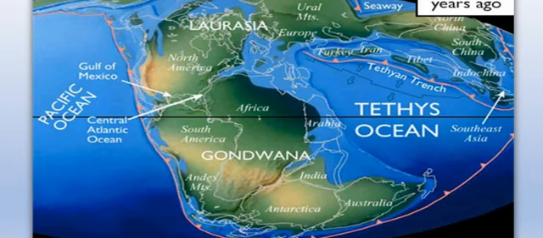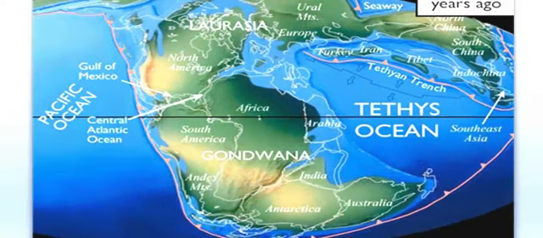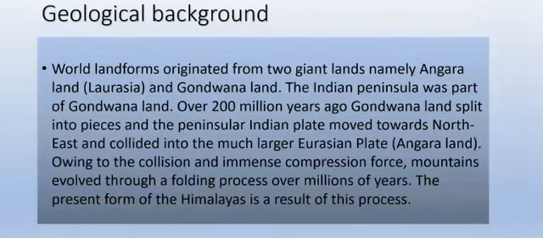Over 200 million years ago, this Gondwana land split into pieces. You have studied in your 9th class, children, about the plate tectonic system. Due to this plate tectonic system, the mantle, which is pliable in nature, continuously and slowly moves and formed the present landforms.